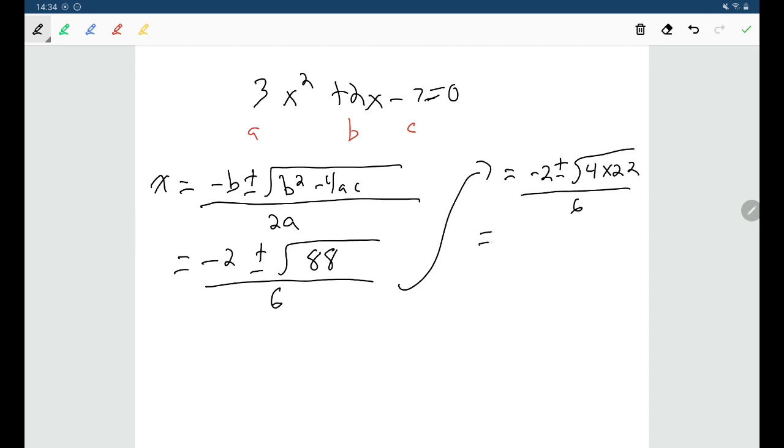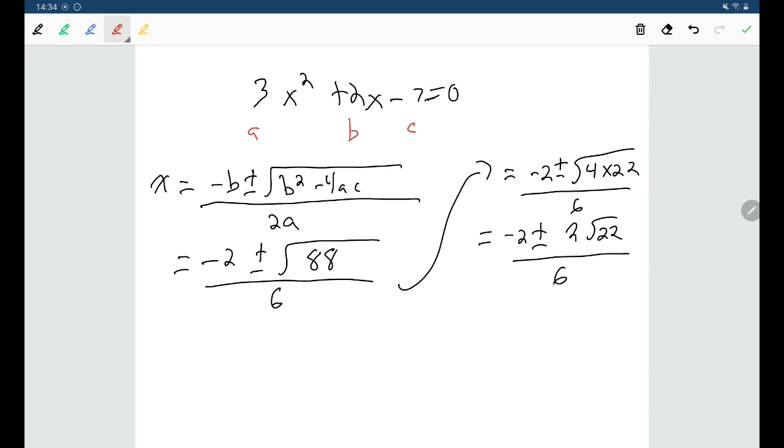So that 4 could leave the root. So now we have negative 2 plus or minus 2 times root of 22, and everybody all over 6.